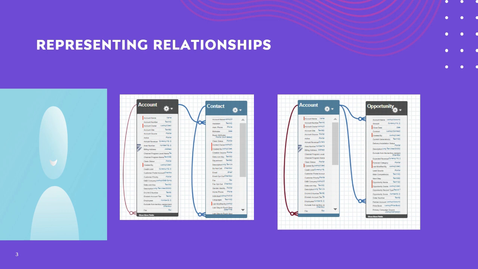Okay. So in the screen which is visible to you, you can see the relationship between account and contact, account and opportunity. And one more thing I want to tell you here is, when we are maintaining the relationship between two objects, one object will play the role of a parent. Another object will be called a child. Okay.